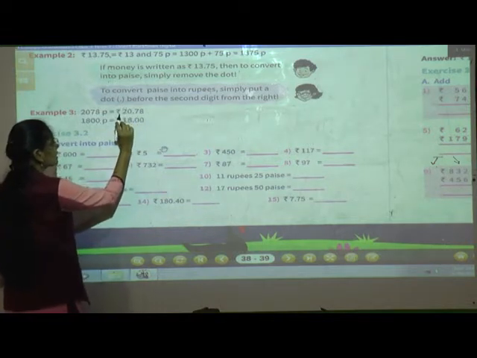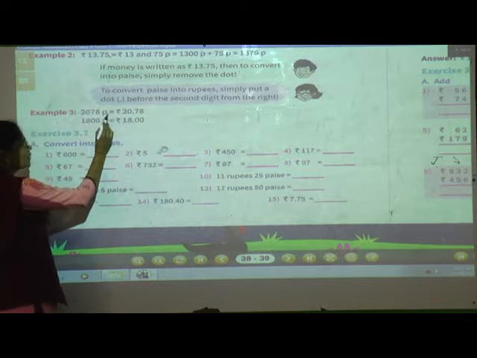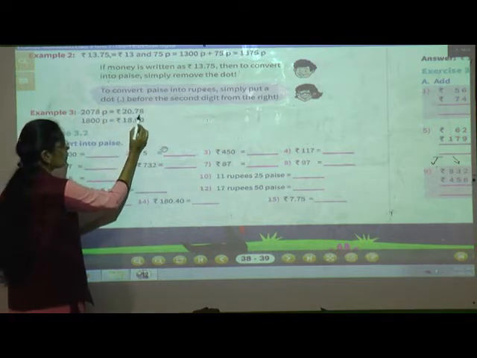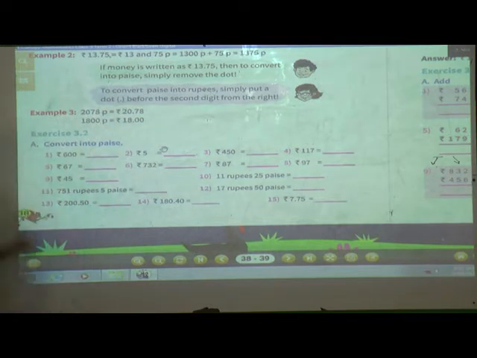So here you can see 2078 paise is equal to rupees 20.78. Okay, now the next example, 1800 paise. Now this paise you have to convert into rupees. So what are you going to do?